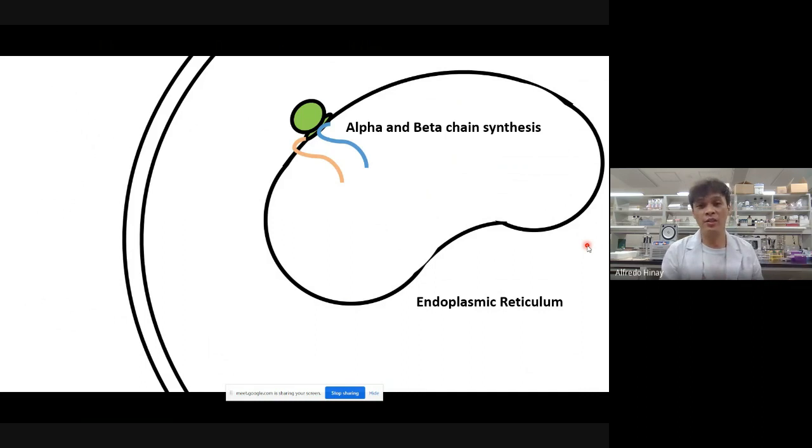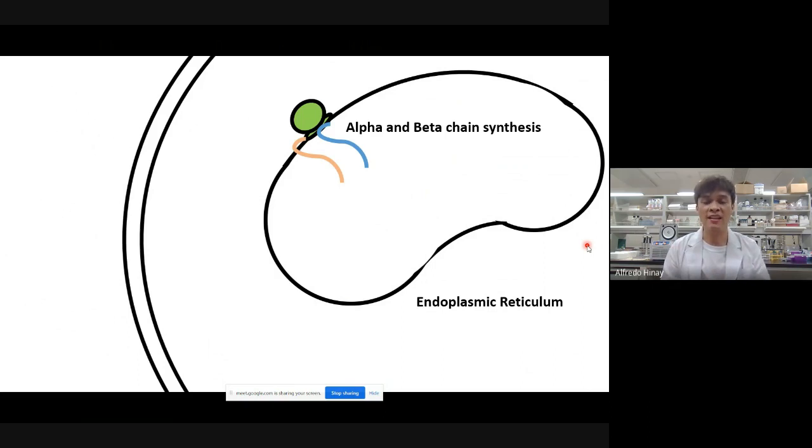Compared with your class 1, as I mentioned earlier, the production and synthesis of your alpha and beta are not simultaneous. That means in class 1, it will start producing first your alpha, then next is your beta.